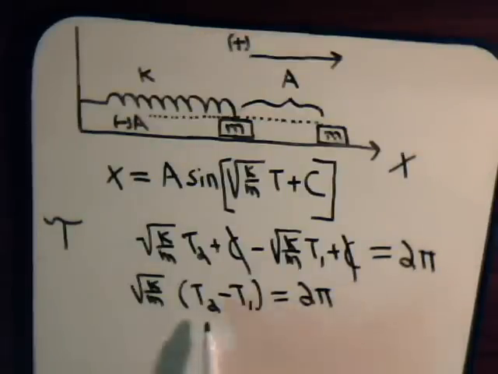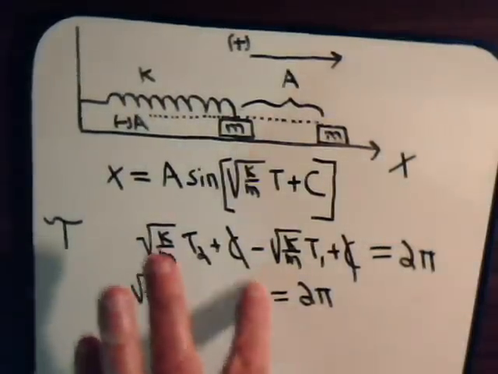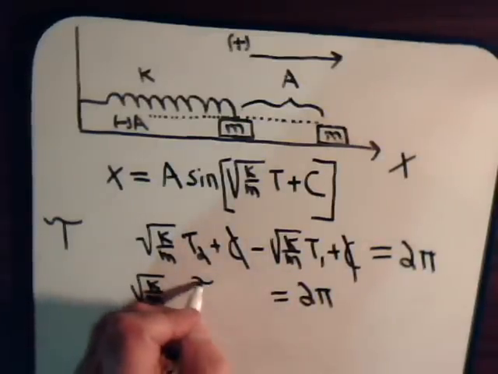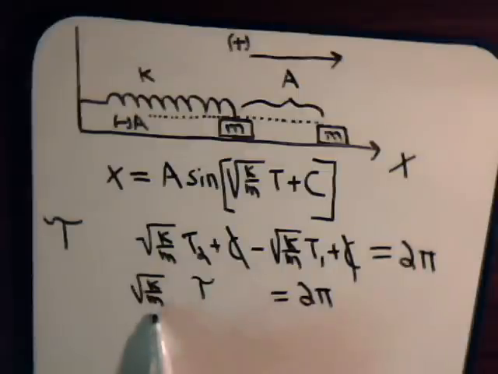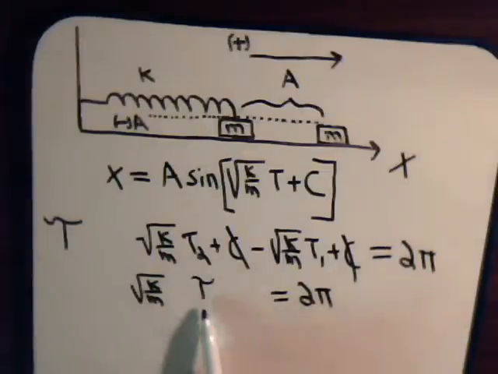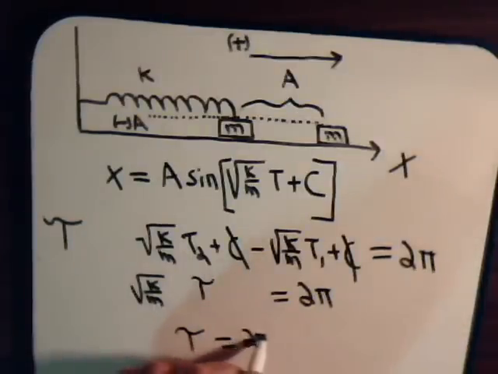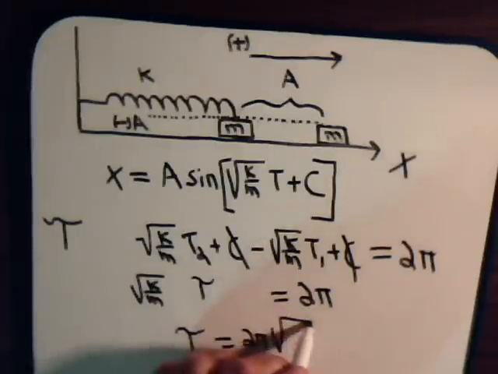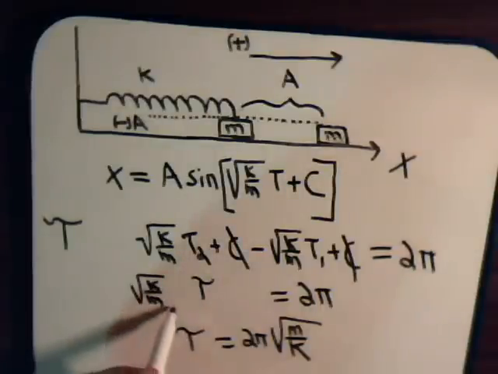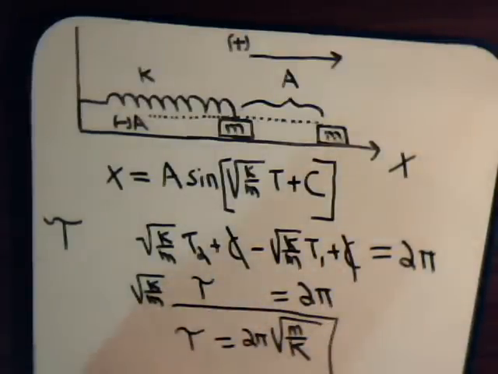But this time elapsed, by definition, that's the period tau. So let's write that in here. So we have the square root of k over m, times tau equals 2 pi. Or we have the period tau equals 2 pi, and then we're going to have the square root of m over k. So here then is the period of our system.